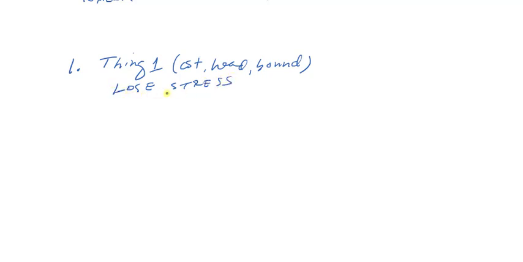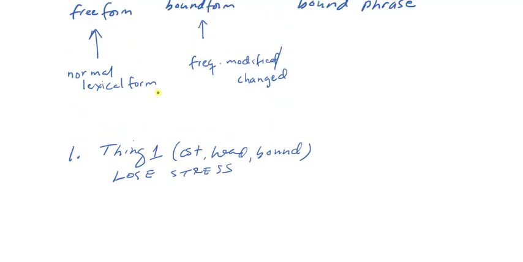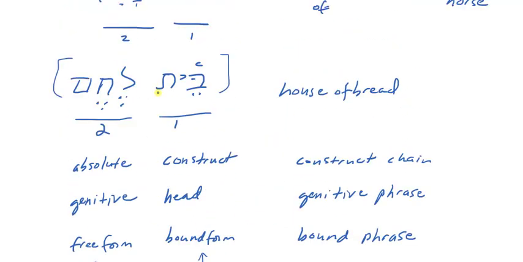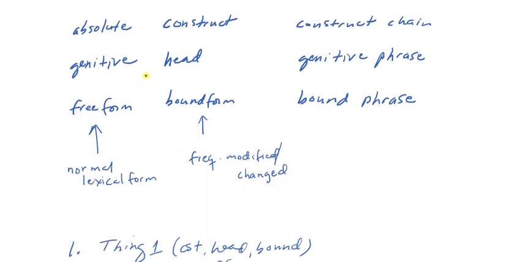It's going to surrender its stress to the next noun, to the absolute. So it's basically identical to putting a makaf after thing one, right? Remember how when you put a makaf after a noun, it loses its stress to the next noun? A construct chain is basically like putting a makaf between thing one and thing two. All right? Thing one always loses its stress.